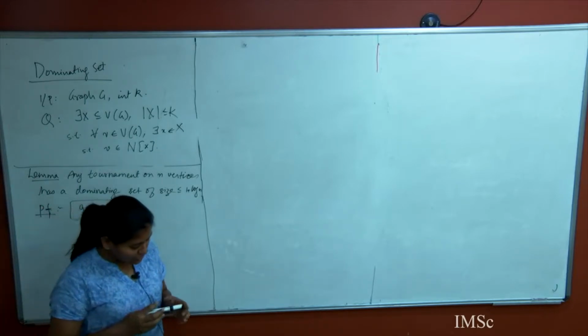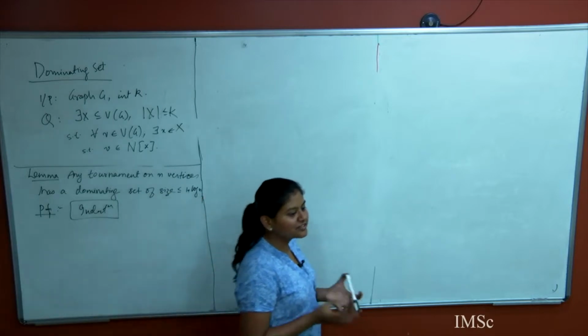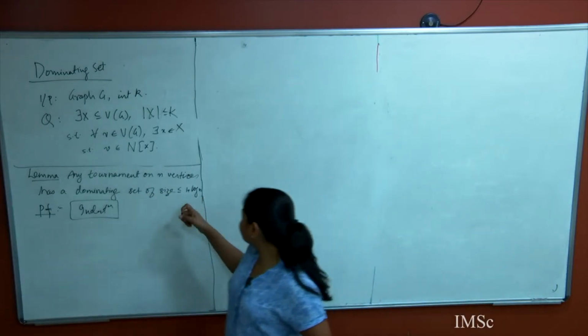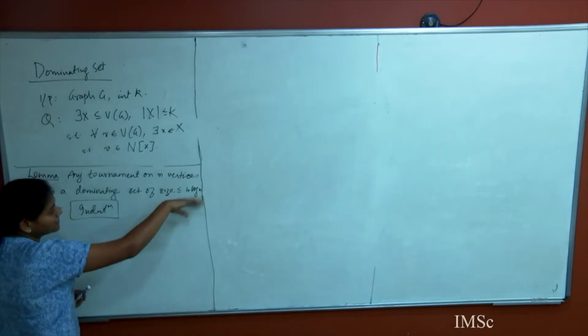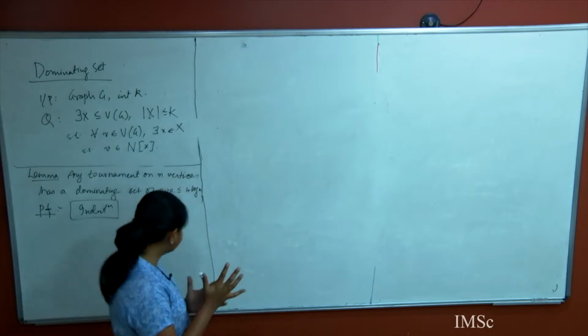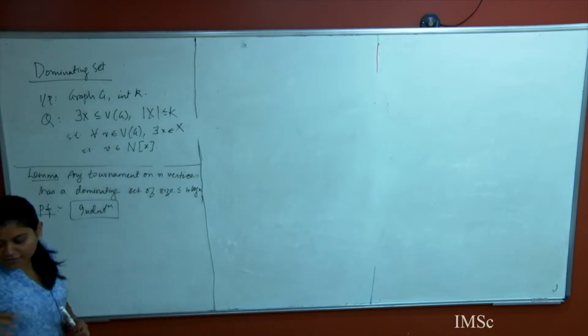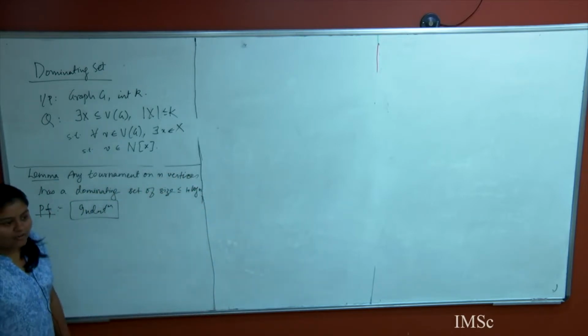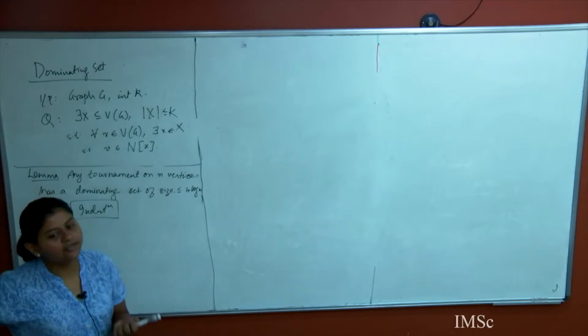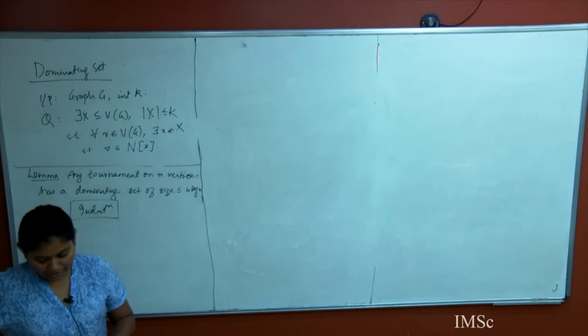If you just have one vertex, then there is nothing to prove, right? It has a dominating set of this size. Now let us assume that the statement is true for n equals t, and let's try to prove it for n equals t plus 1.